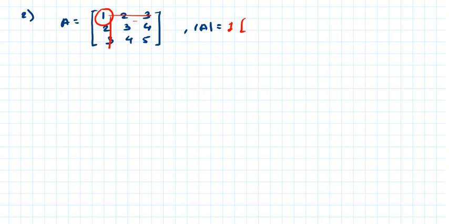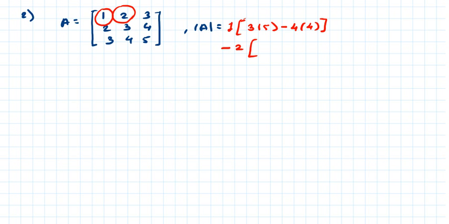What remains is this submatrix. Take its determinant: this will be 3 into 5 minus 4 into 4, minus, now this 2.